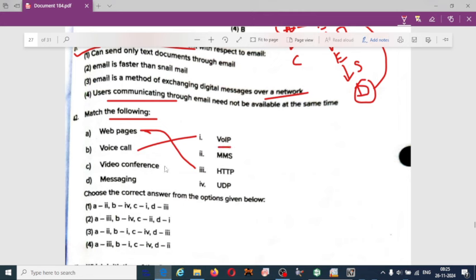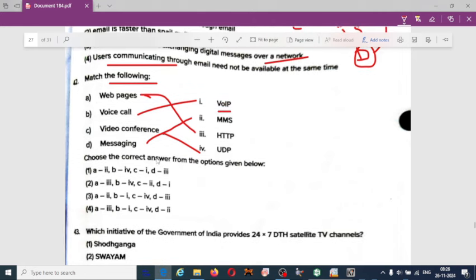Video conference is related to option 4, UDP, that is user datagram protocol. Messaging is related to option 2, that is MMS, multimedia messaging service. Then from the given options, the fourth one is correct, A3, B1, C4, D2.